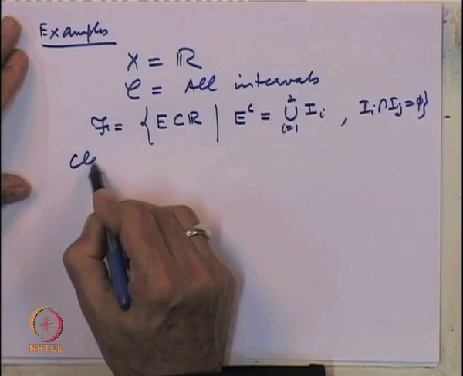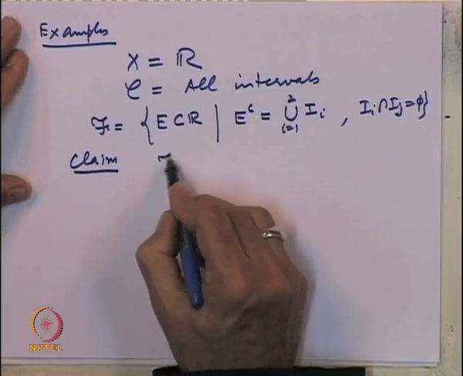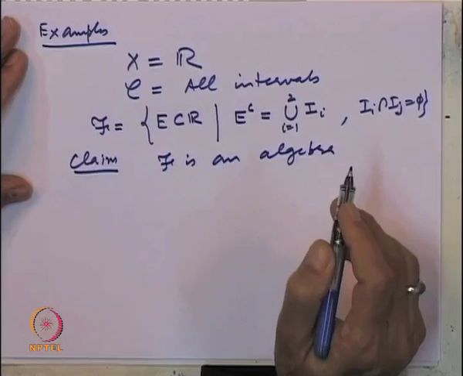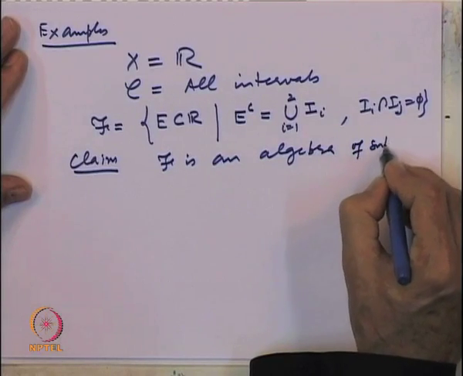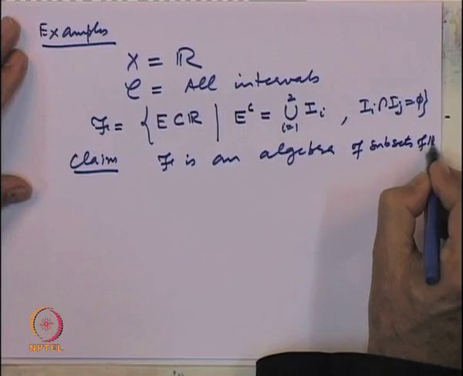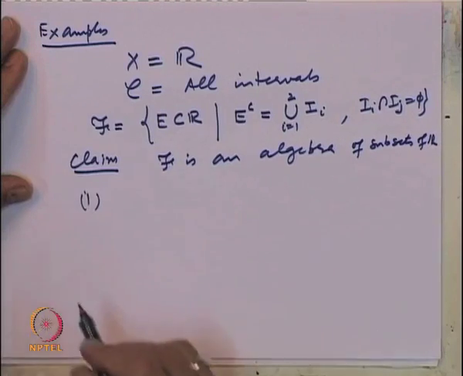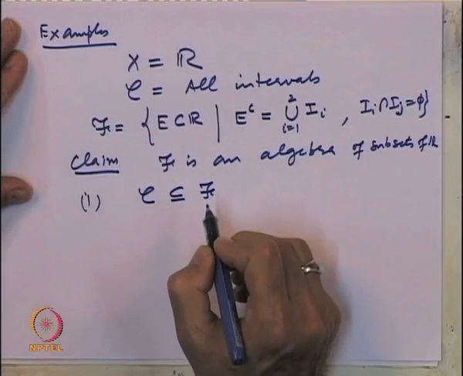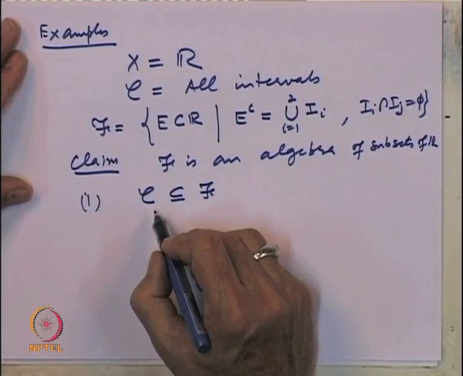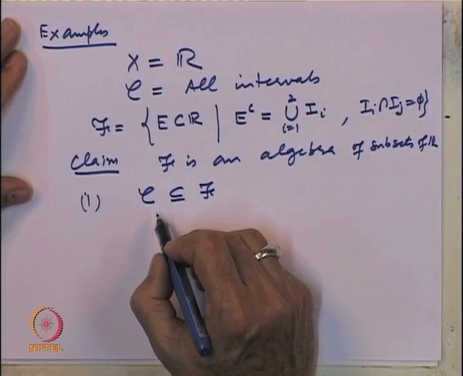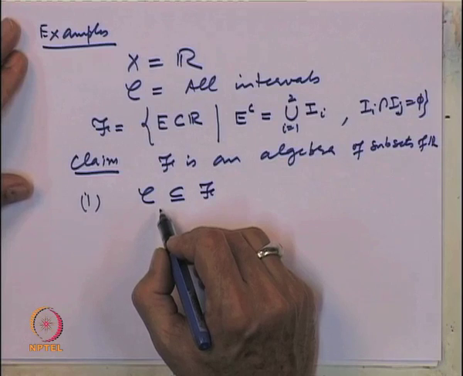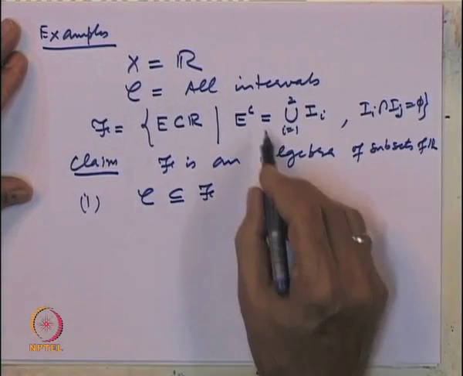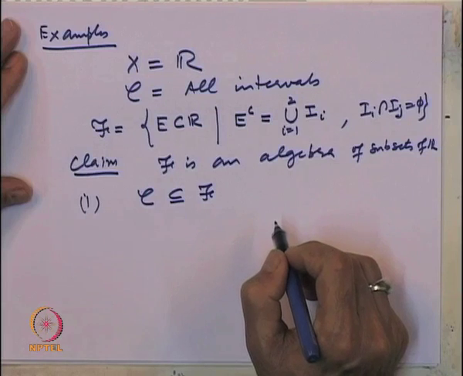So, claim: F is an algebra. We claim that this is an algebra of subsets of R. Let us first make some observations, namely C is a subset of F, because if I take an interval, then it has this property, namely its complement is a disjoint union of two intervals.